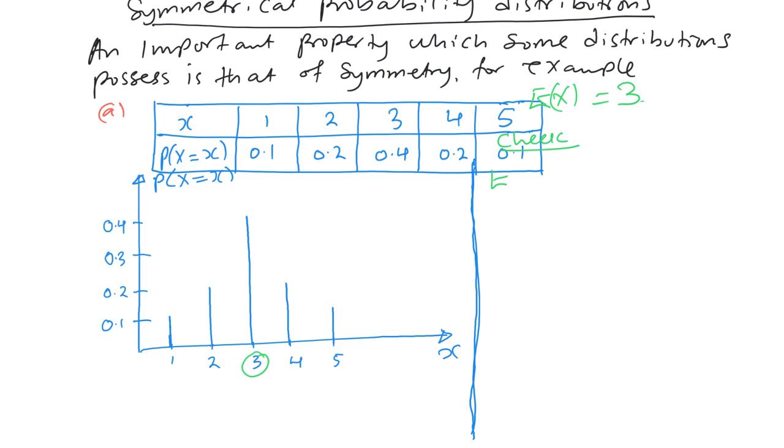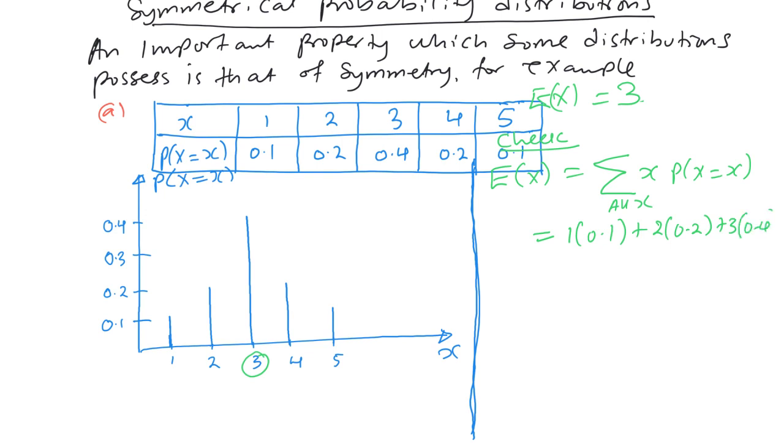We can use our usual formula of E of x as the summation of x times the probabilities for all x's. That means 1 multiplied by 0.1, plus 2 times 0.2, plus 3 times 0.4, then plus 5 times 0.1.